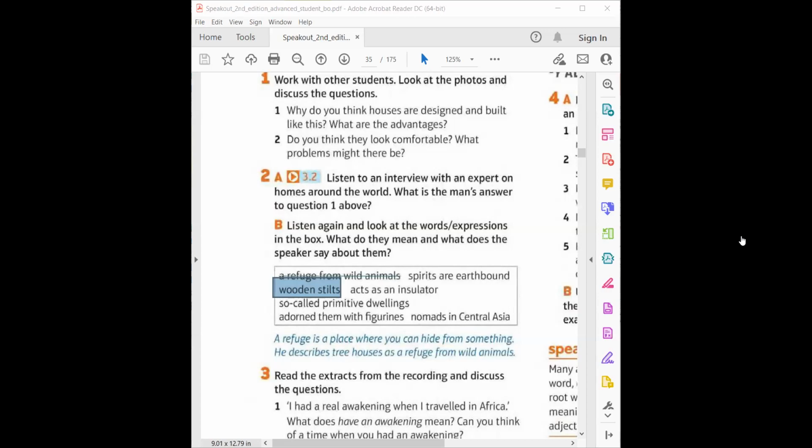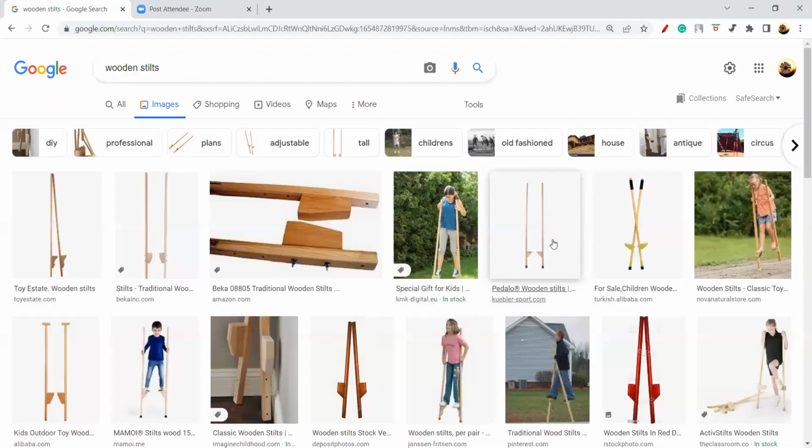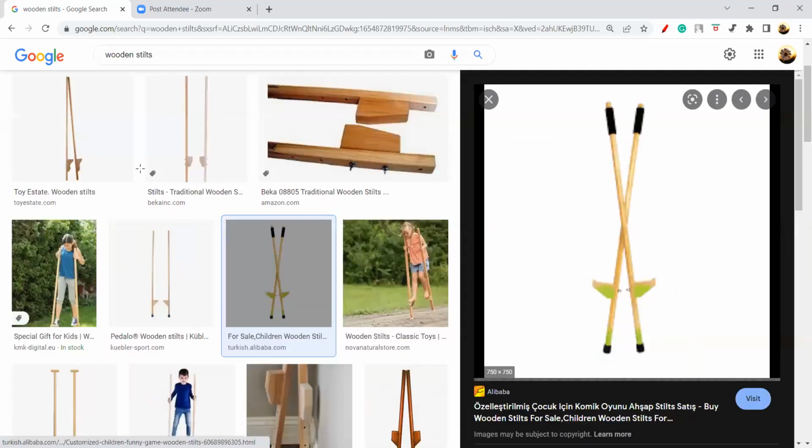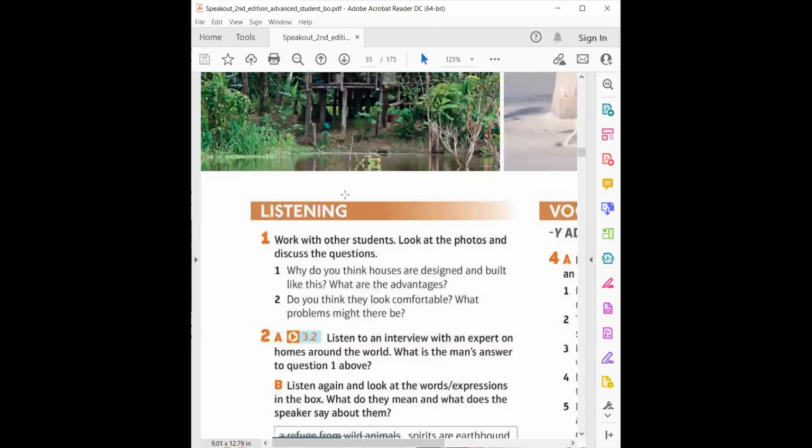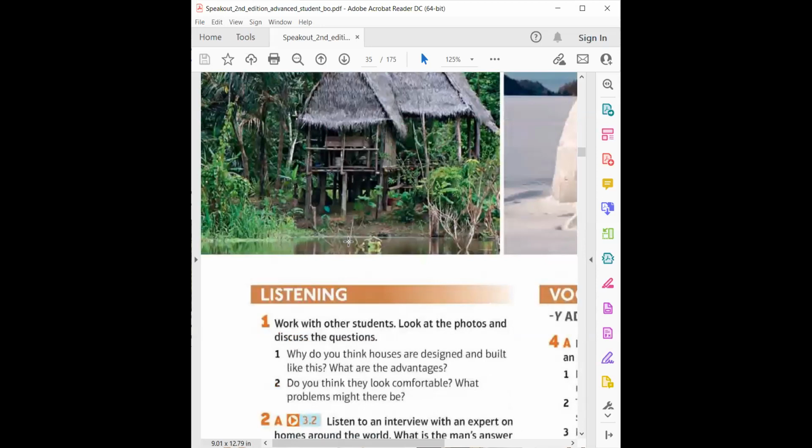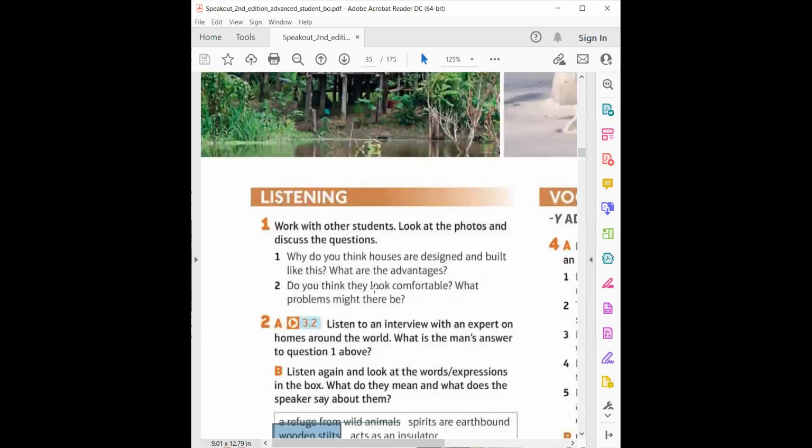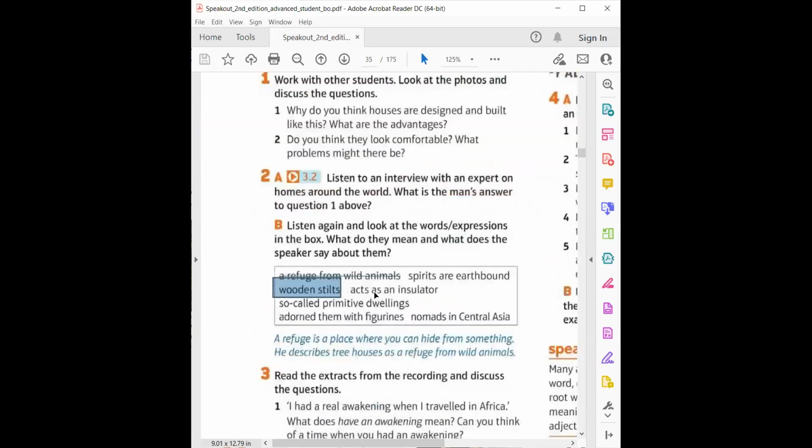Look. Oh, so stilts mean sticks? Yes, like this. They use them to make the houses above the ground for mosquitoes and other purposes they mentioned in the recording.